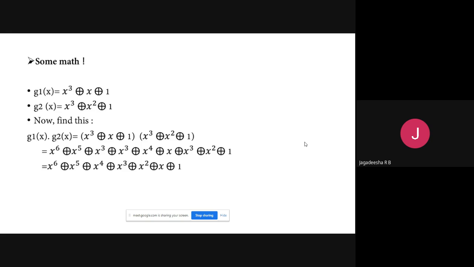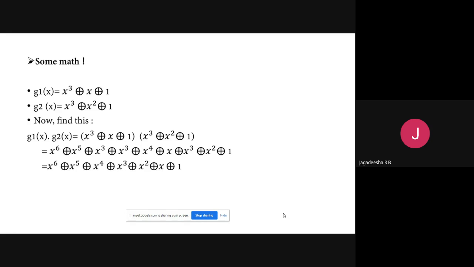So when you add up everything, you can notice that there is x cube plus x cube plus x cube, right? So this plus here is XOR operation. So x cube plus x cube is what? It is 0, right? Because a XOR a is 0. So x cube plus, in the sense XOR or mod 2 of addition, x cube plus x cube is 0, plus x cube is what?